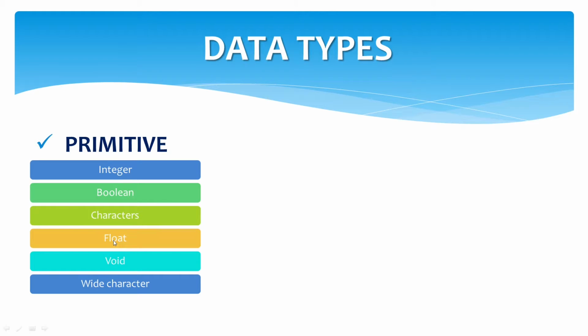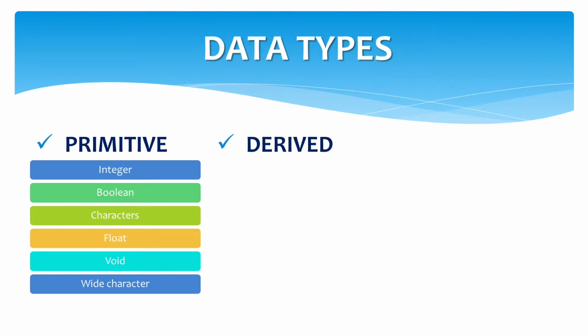Then float. Float contains all the decimal values. Then void. I will be talking about void in later videos. And void character is a type of character, like a number for a character. I will be explaining that in this video only. Let's move ahead.